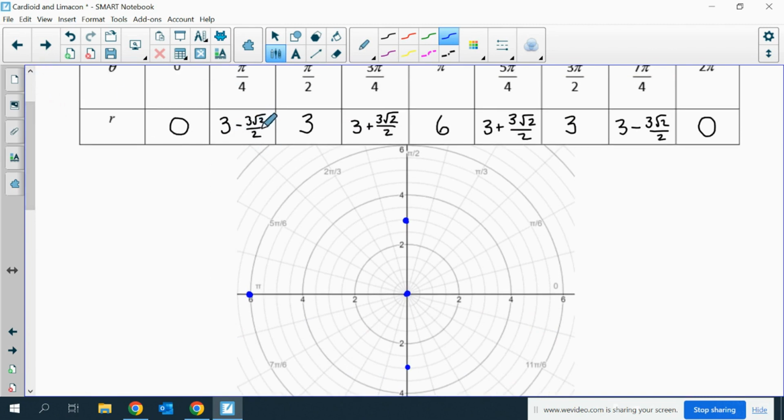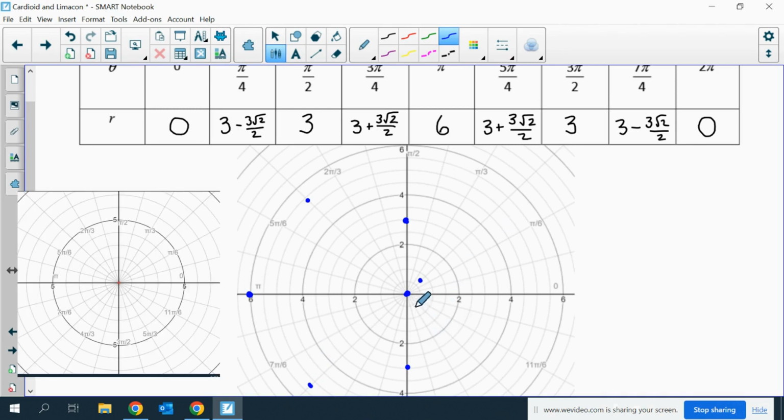So if I have 3 minus 1.5 times root 2, that is about 0.9, so this is going to be smaller than 1 when I'm at pi fourths. It's going to be a little bit bigger than 5, somewhere between 5 and 6, when we're at 3 pi fourths. Likewise, at 5 pi fourths, it's going to be a little bit bigger than 5. And when we're at 7 pi fourths, it's again back to a pretty small number.